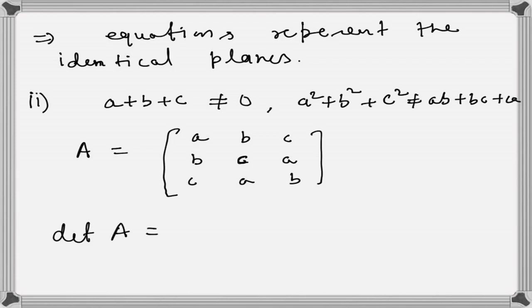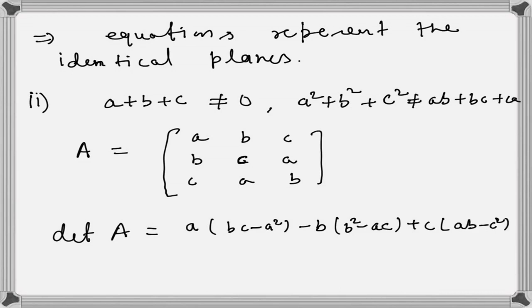Determinant of A is nothing but A times BC minus A square, minus B times B square minus AC, plus C times AB minus C square.